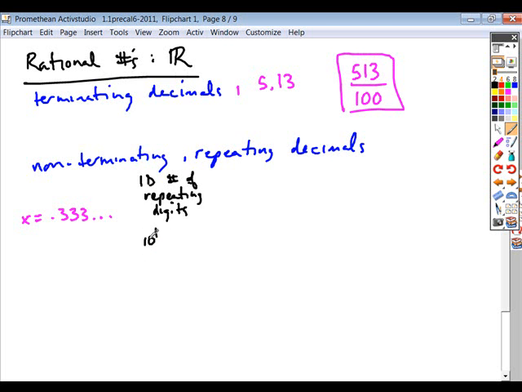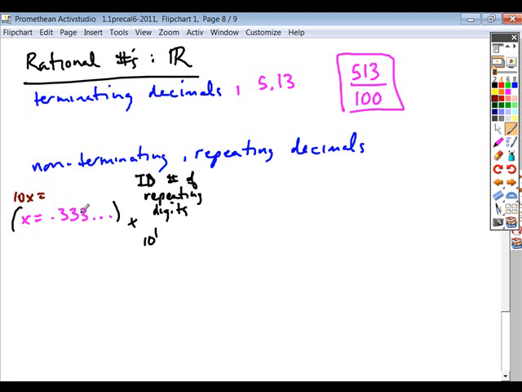So 10 to that power gives you a value of 10. You're then going to multiply both sides of this equation by 10 to the power of whatever number of repeating digits you have. And so this is identify, ID. Identify the number of repeating digits, take that as your power of 10, and multiply that by both sides of your equation. So 10 times x is 10x.